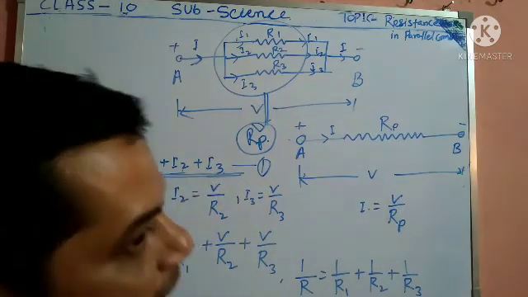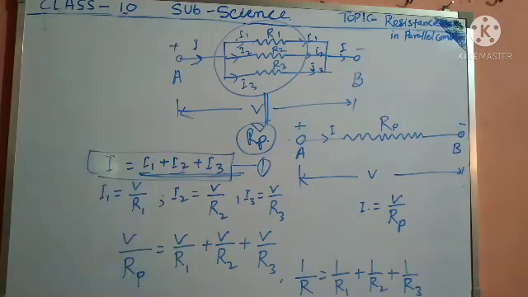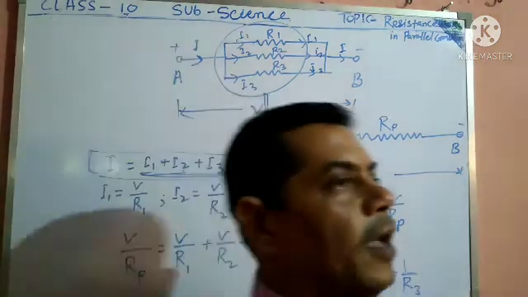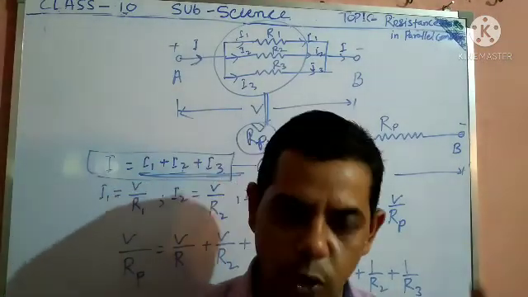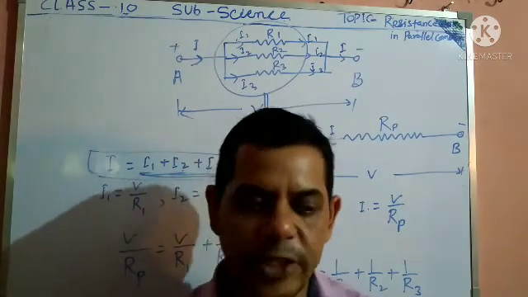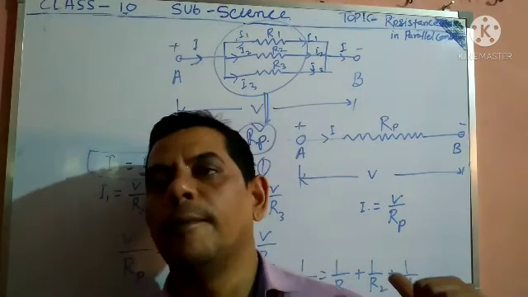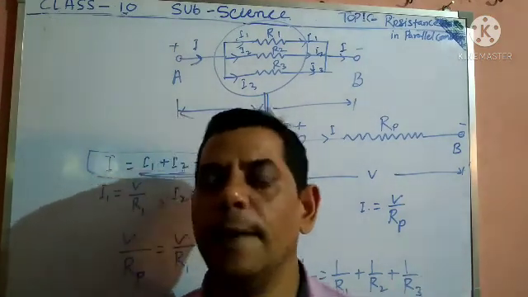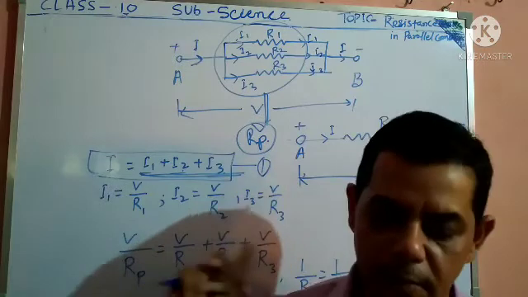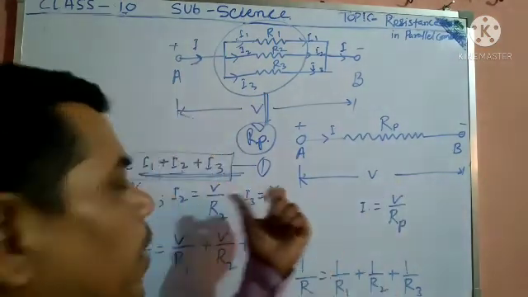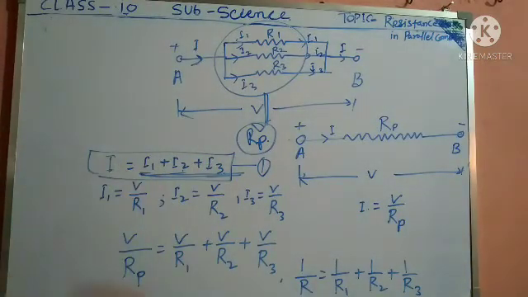Current has both magnitude and direction, but it is said to be a scalar quantity because it does not follow the vector sum; it follows the algebraic sum. So current is a scalar quantity.